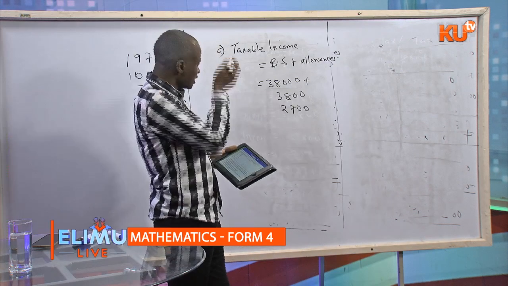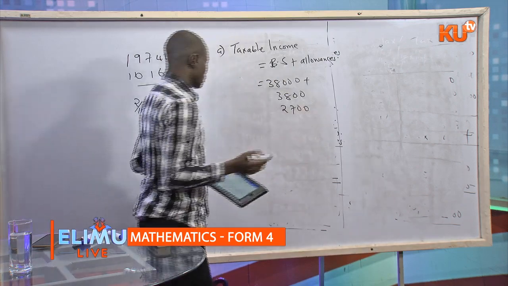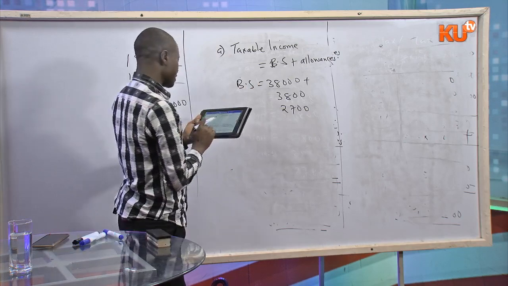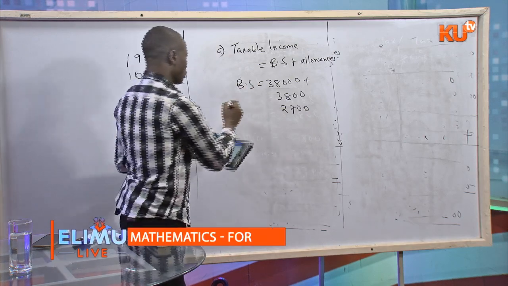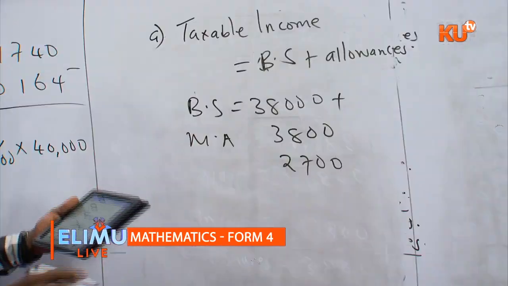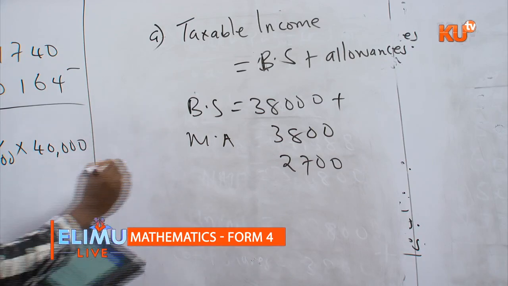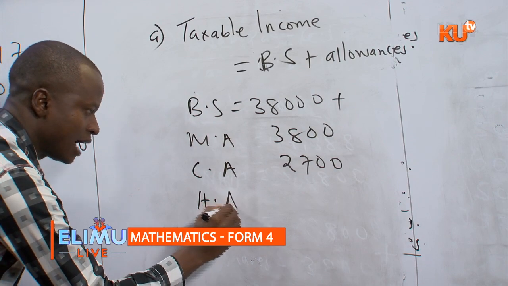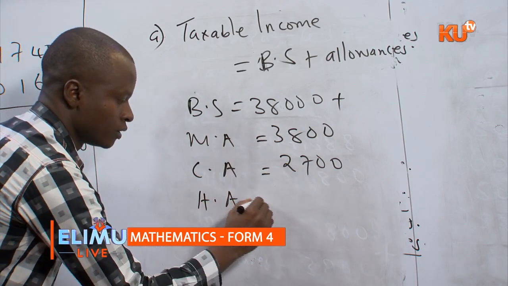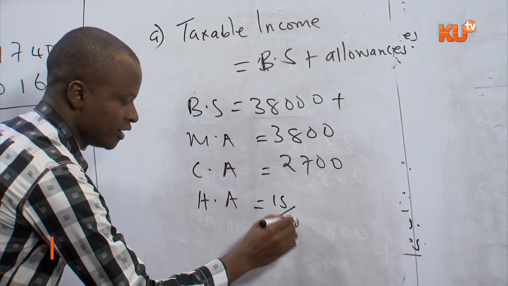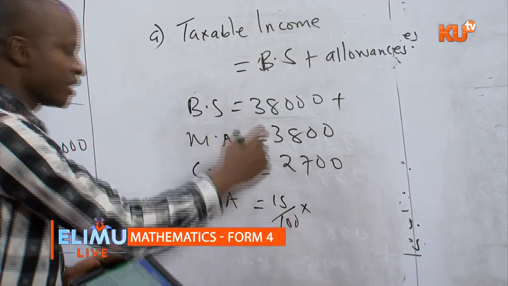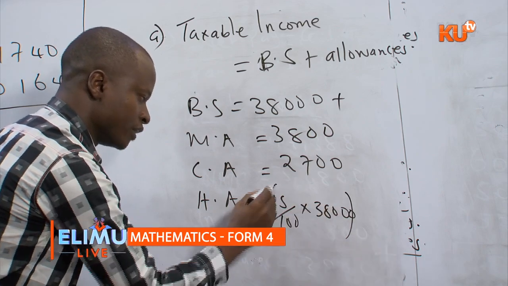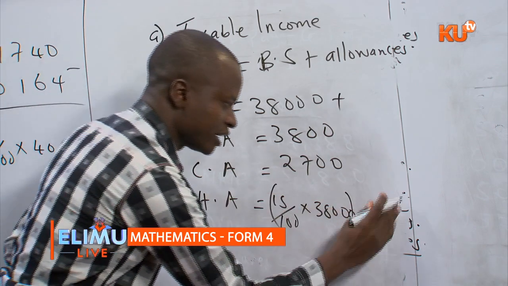So we do our calculation from elsewhere. So this was basic salary. 3,800 was what? Medical allowance. Then 2,700 was commuter allowance. So we do house allowance. House allowance will be 15/100 times her basic salary, which is 38,000. Then out of this, what do we do? We subtract the nominal rent that she pays.